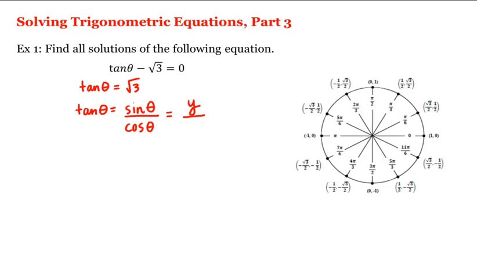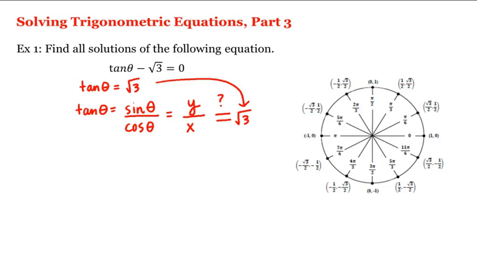And the cosine of theta is the x-coordinate of the point of intersection of the terminal side of its angle and the unit circle. Which means we want to find out where this ratio is equal to the square root of 3.